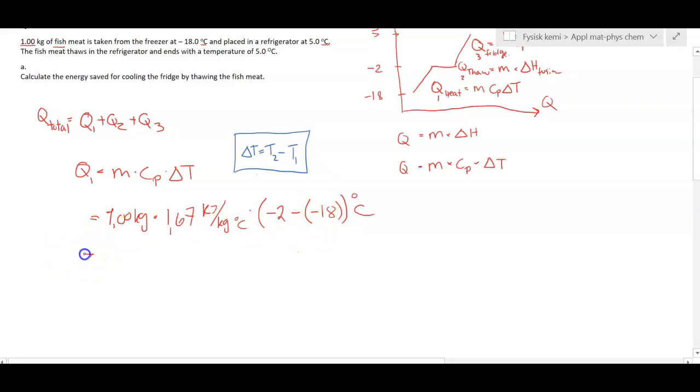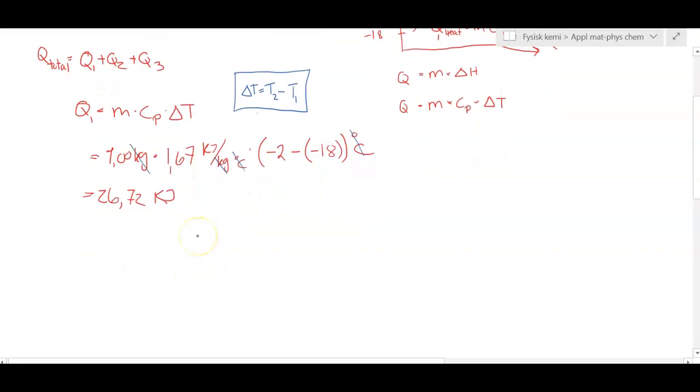So that gives us 26.72 kilojoule. And we note that the units hold here, that the kilos cancel with kilos. The increment in temperature cancels with the increment in temperature. Then we have kilojoules left here. So Q1 is done here.